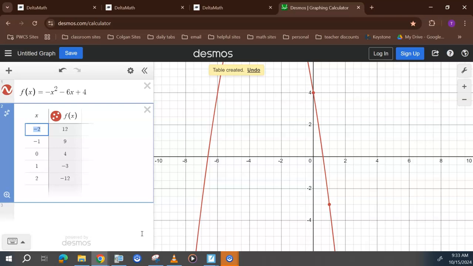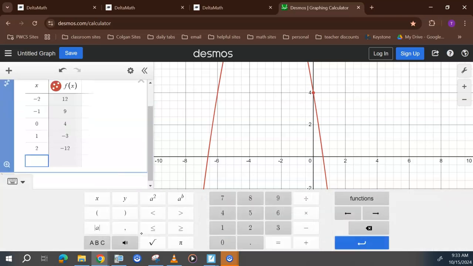Let's say I want to know when y is, I think we said 51 was one of the answers. And I know that if I keep going up, I'll get there. It becomes a guessing game. So maybe I could put 5.